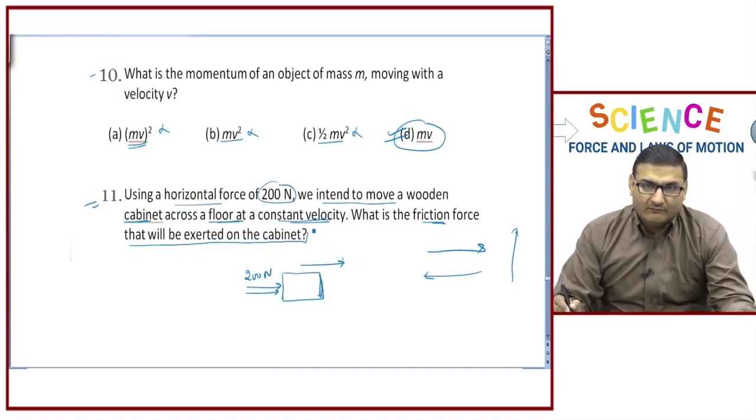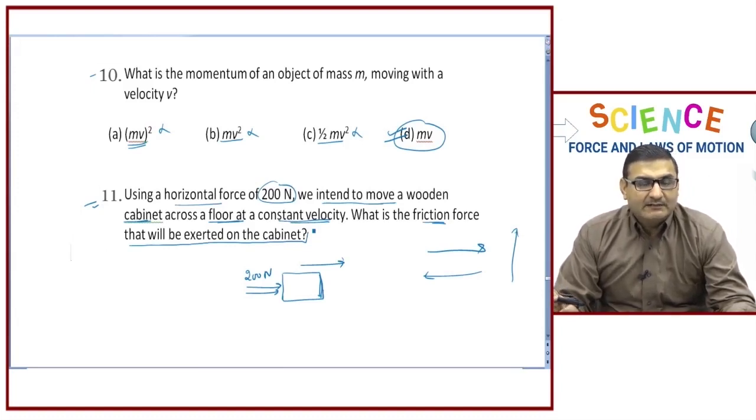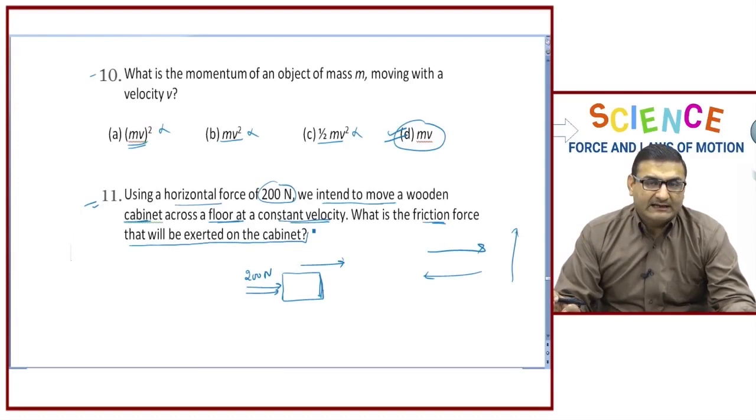Now, one thing we know, we have already studied that there must be some unbalanced force acting on a particular object to make it move or to change its motion, right, or speed or velocity.